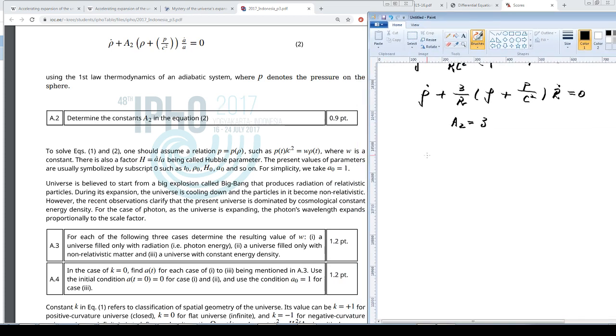So I think we need to use that equation. If it's only light, then it will be made of these many light particles, and their wavelength is becoming bigger.